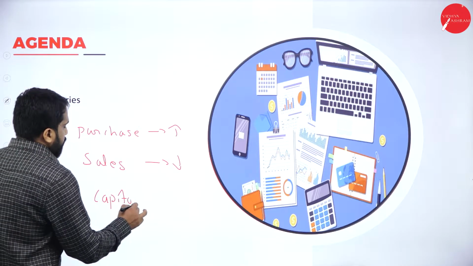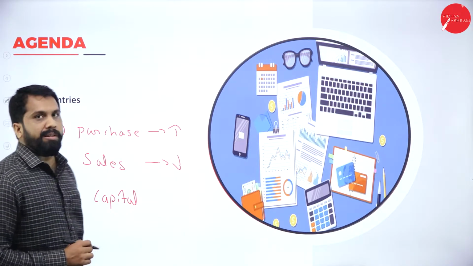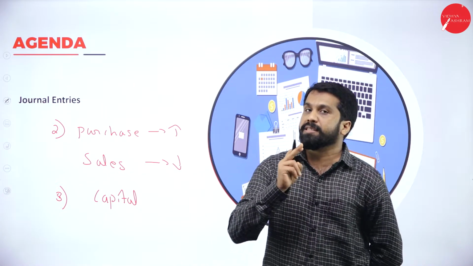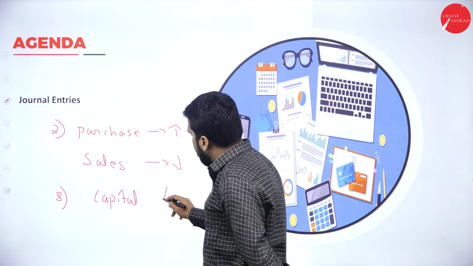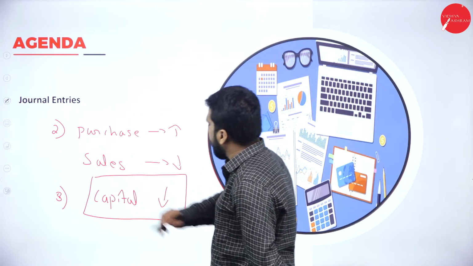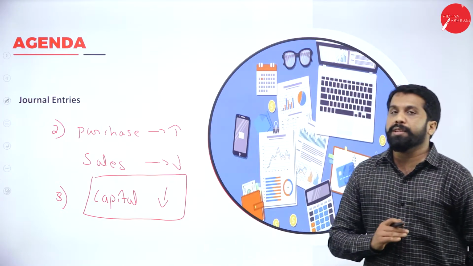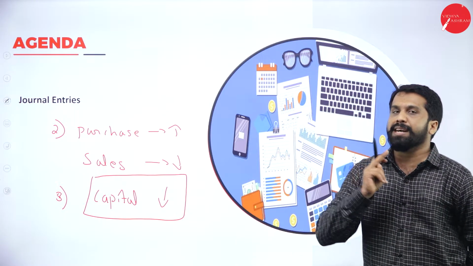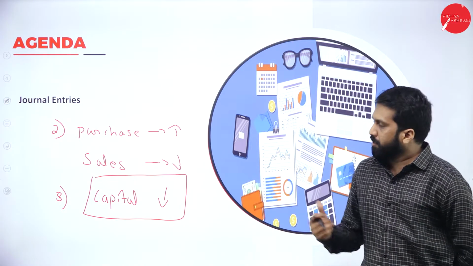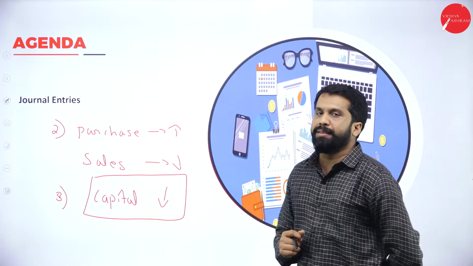Third one: capital. So capital, what will happen? Capital always down. Remember, capital always down. You never find capital is up. So that is the third logic.